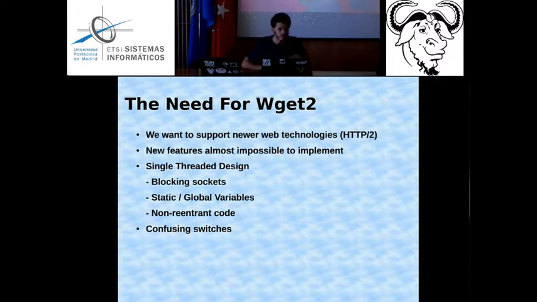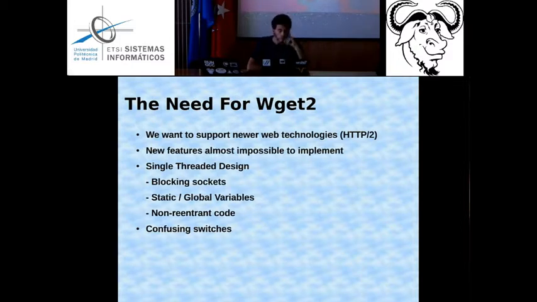The great problem that WGET's design has is the single-threaded design. It uses blocking sockets, static and global variables, and it has non-reentrant code. That's a great problem when you try to implement something like HTTP2, which works with parallel connections and that kind of stuff.